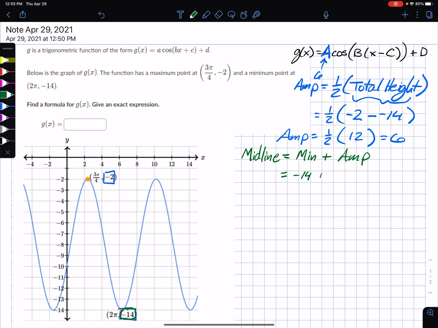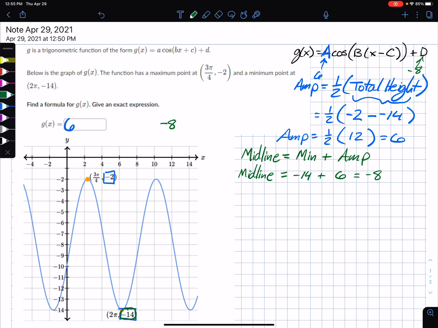So -14 plus the 6, that is our amplitude, and we get -8. So we've got a midline of -8. So that's our d value here, will be -8. So for our final answer, we've got 6 for our amplitude, and we've got -8 for the midline.